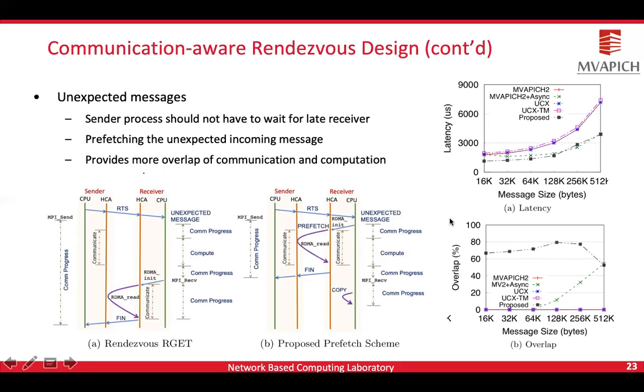To make sure that all the messages are unexpected, we have added artificial delays at the receiver side so that all the messages become unexpected. As we can see here, compared to all other designs, our design has the highest overlap of communication and computation, as well as the lowest total latency.